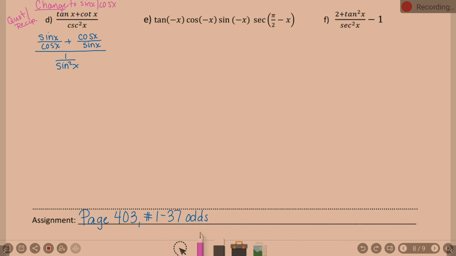I'm thinking to make sure I know what I want to do here. It's not what I did in my notes, but let's go for it. On top, can we get a common denominator there? On the top two fractions. What's a common denominator if you have cosine and sine? Cosine sine, yeah. Okay.